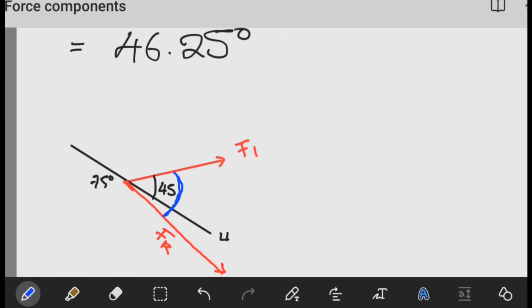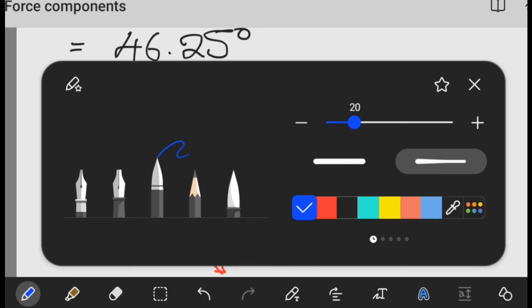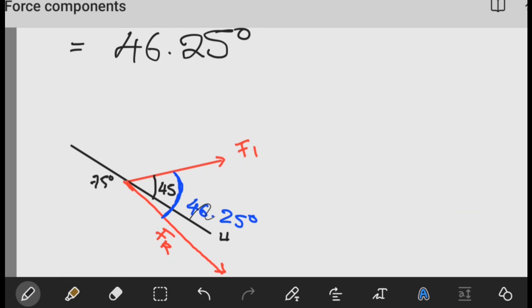The angle between the resultant and F1 is 46.25 degrees. But the question is not asking for the angle measured from F1. The question is asking us to measure the direction from the U-axis clockwise. So let's look at our U-axis. We want to measure the angle from the U-axis until we reach our resultant.